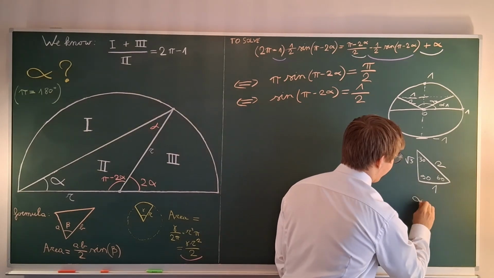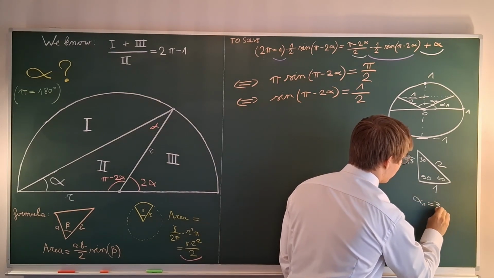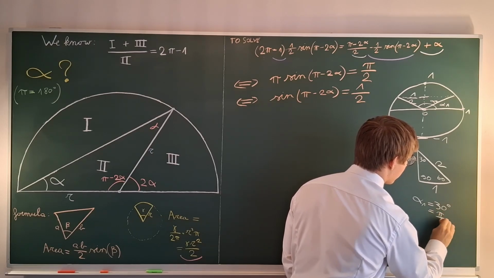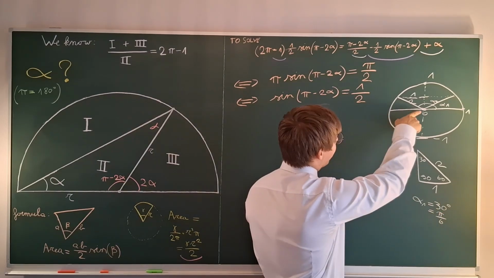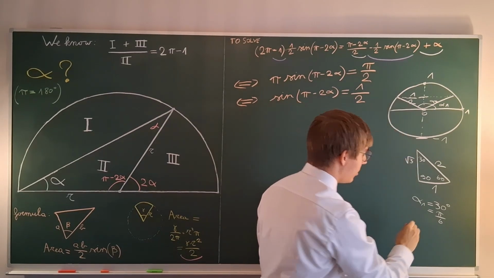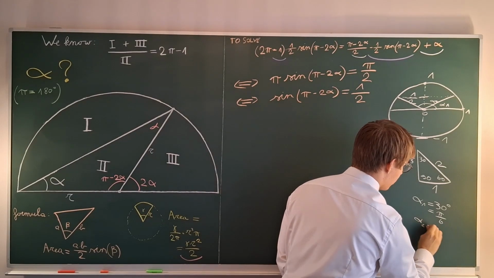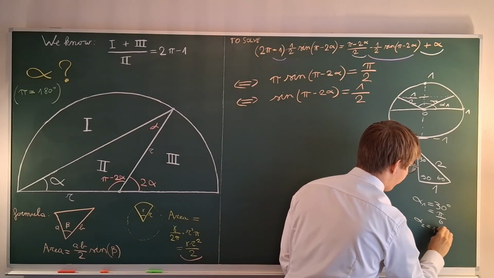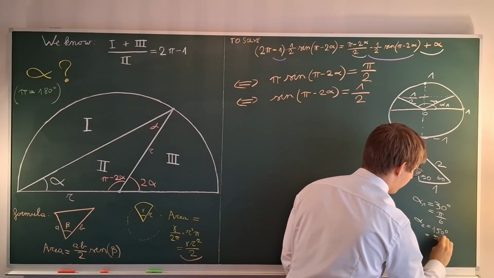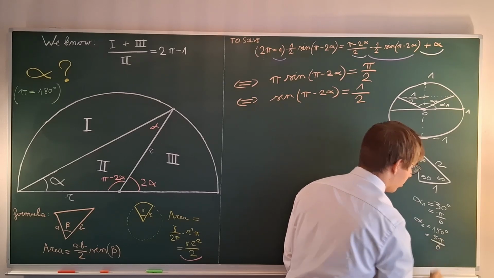So we know that alpha 1 is 30 degrees or pi over 6. And alpha 2 is equal to 180 degrees minus 30 degrees, which is 150 degrees, which is 5 pi over 6.